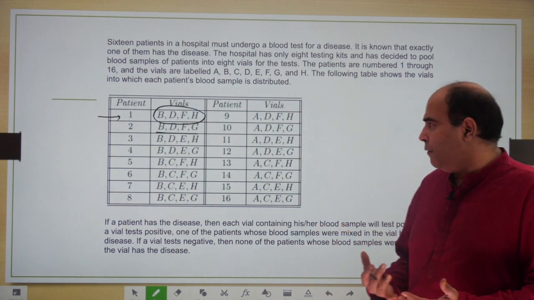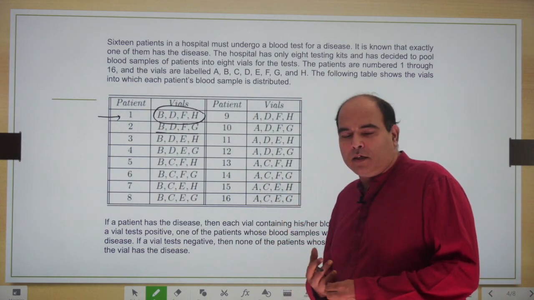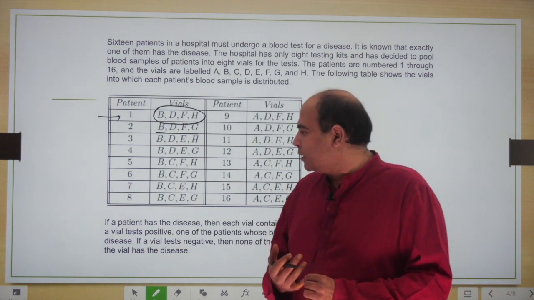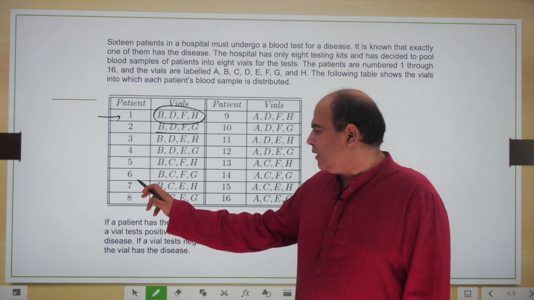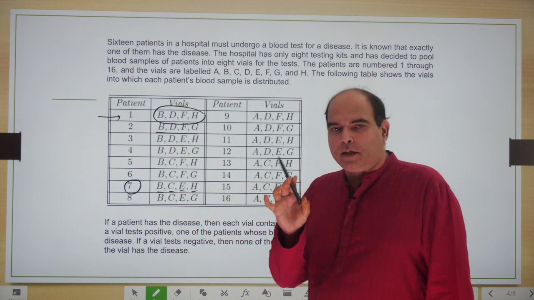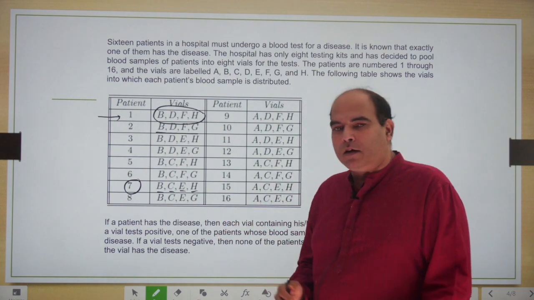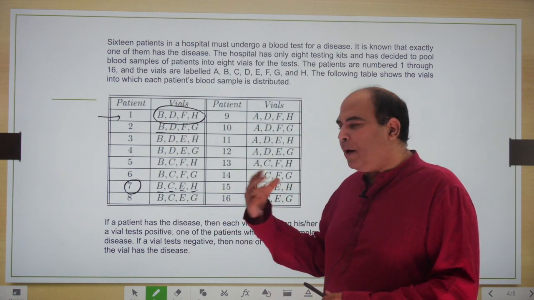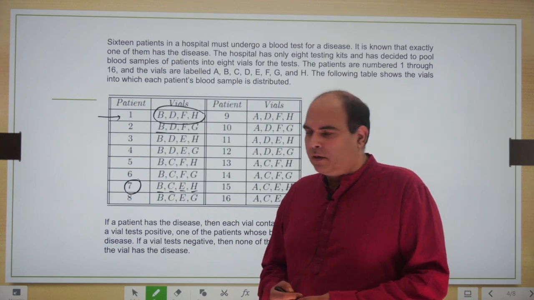So if one of these patients has the disease, let's say patient 7 has the disease, what will happen is B, C, E and H, these 4 vials, out of the 8 vials, will turn up positive, and all the other vials will turn negative, right?